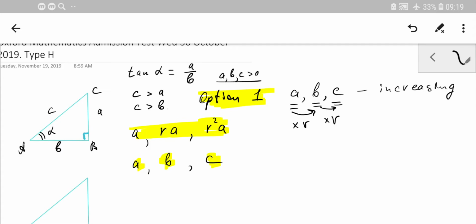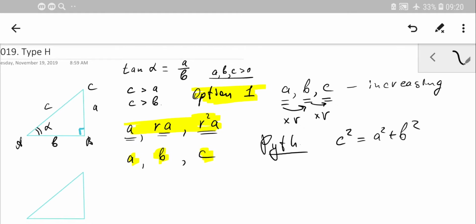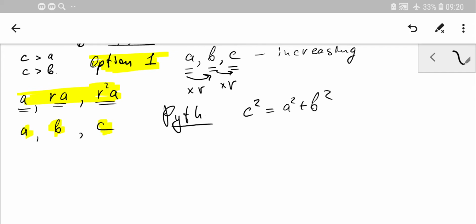Okay, so now we can set up Pythagoras. Using the Pythagoras theorem, we can connect C and the two legs as follows. We can plug in all the expressions for A, B, and C in this equation. Let's plug it in, and we'll have r to the fourth A squared. I just transfer everything to the left side.